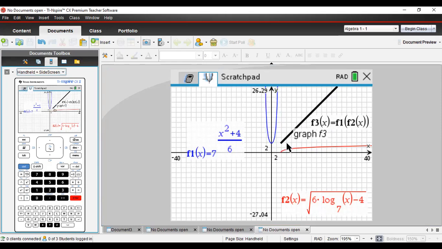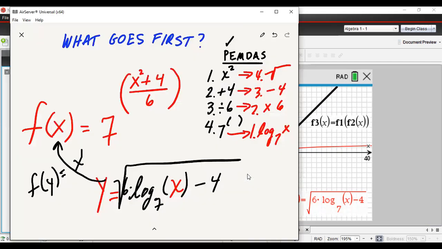So that means that these two are in fact inverses, because when you get done, you wind up with y equals x, or a version of y equals x. It's not the complete y equals x.